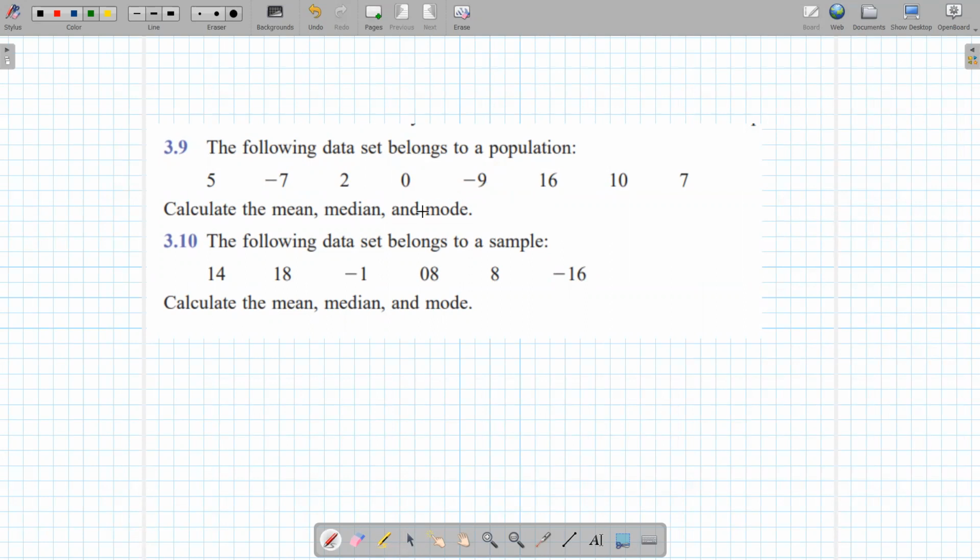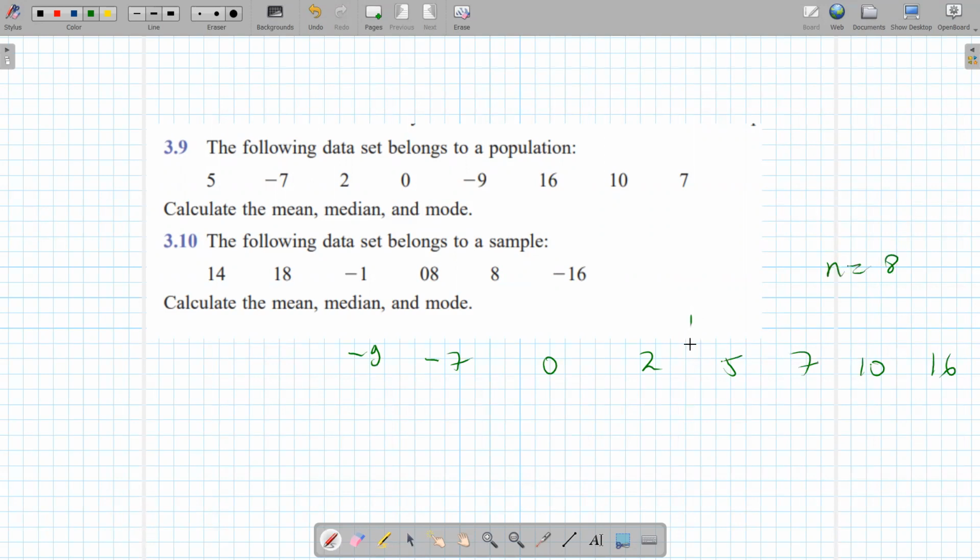Which number is the smallest one in 3.9? Not 0, because there are negative numbers. It's -9, and then -7, 0, 2, 5, 7, 10, 16. So what's your n? Your n is 8.